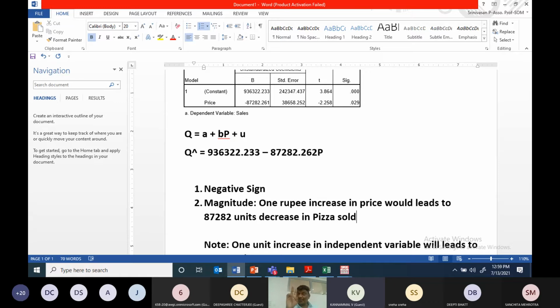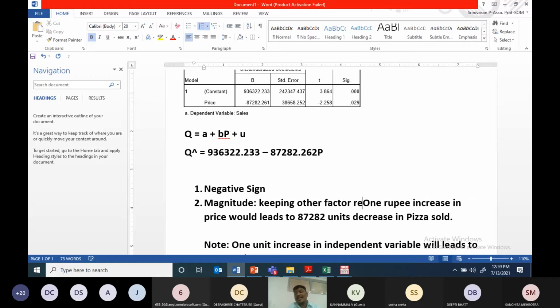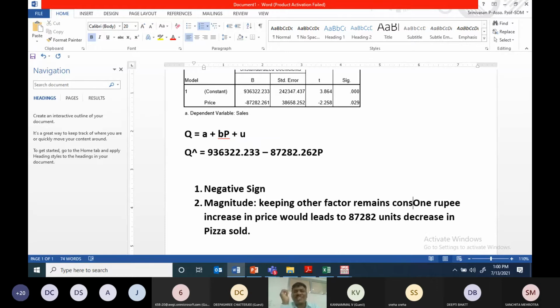We have used 2 words here. We forgot one more: keeping other factors remain constant. We should not overlook small things, but it has a huge meaning.